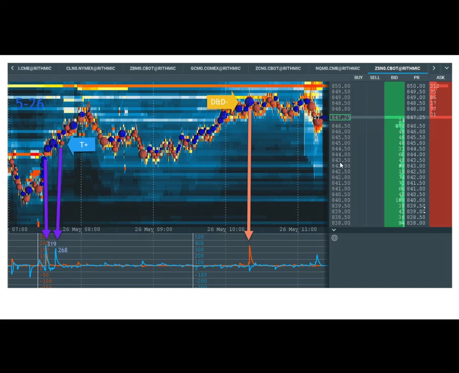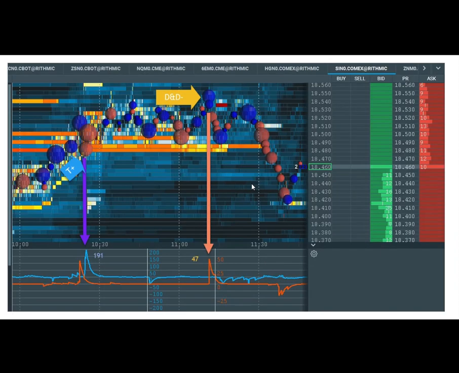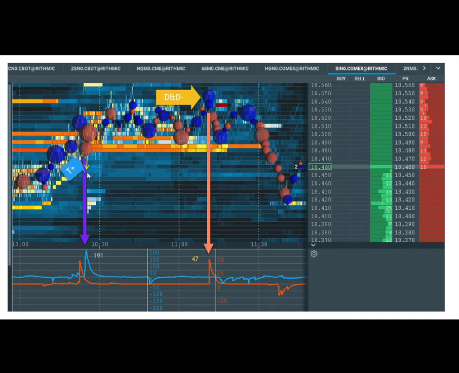Next example is the silver market, where you can see the buy icebergs here. They tried to sell.